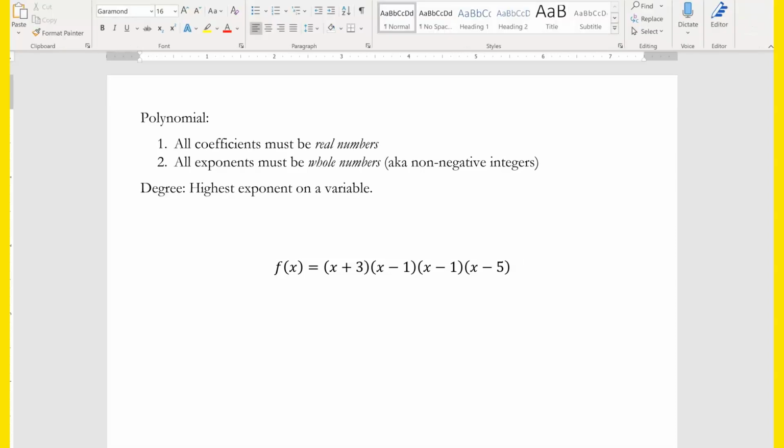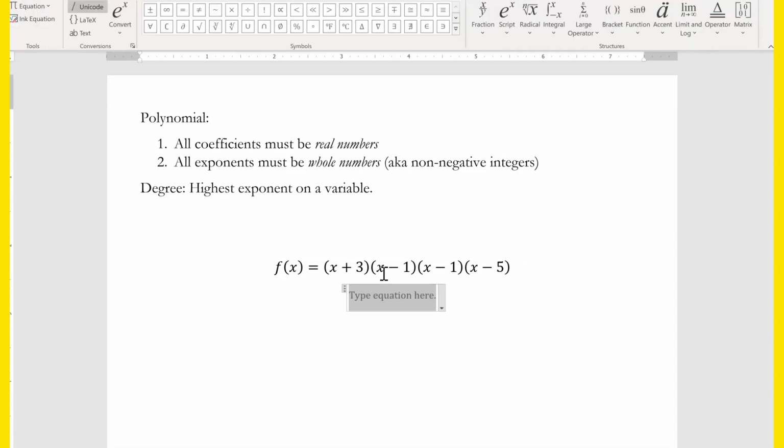Okay, then our solutions would be x equals negative 3 and positive 1, but it actually will equal positive 1 two times, right? You would get positive 1 from both of these factors, because x minus 1 appears twice in the factorization.